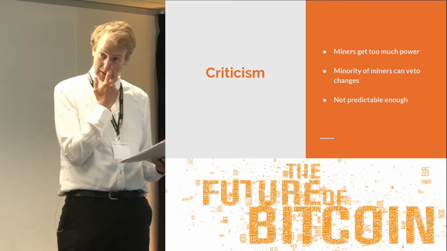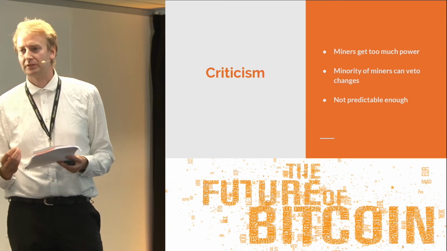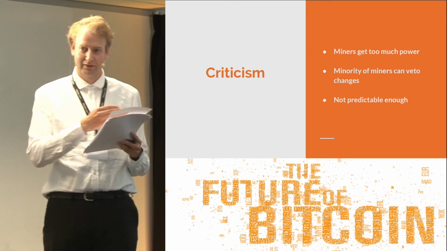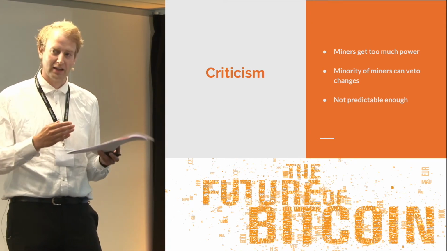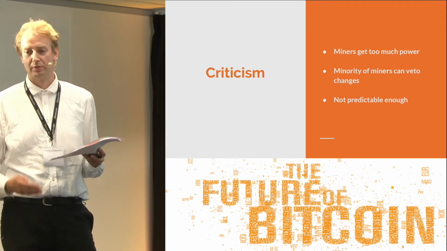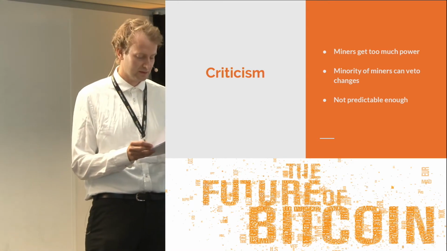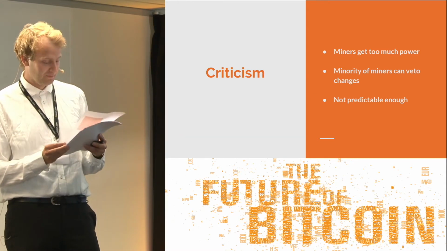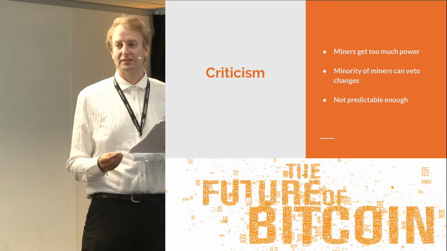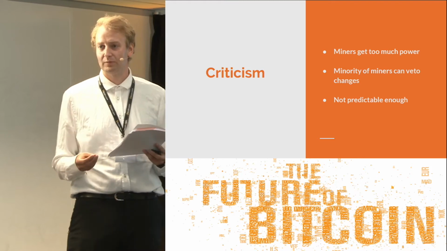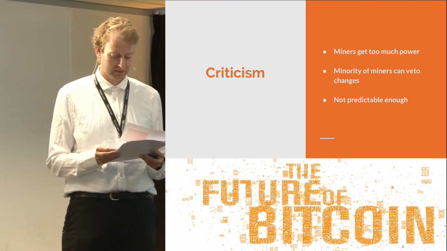And another point was it's not predictable enough. So some of the parameters in Bitcoin are very predictable, far into the future, like the money supply. You can always tell how much money supply there will be 5 years from now, even 10 years, well, even more. Some think that on-chain capacity should be the same. And BIP100 does not offer this.